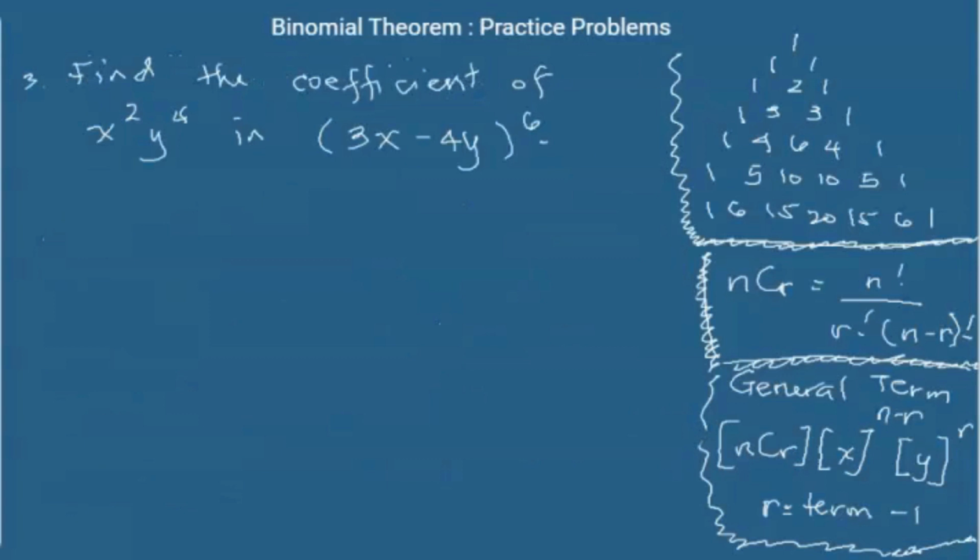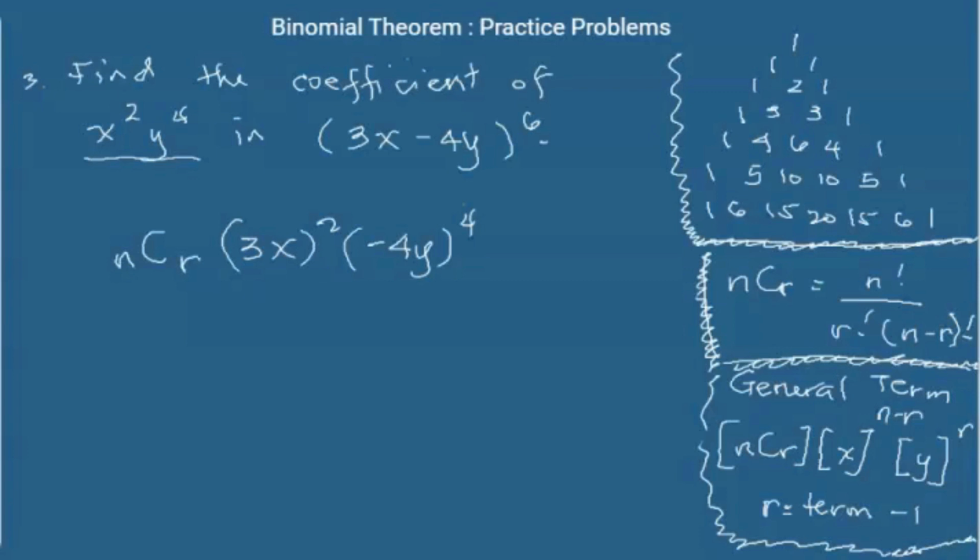Okay, let's have a similar problem, number 2, with just finding the coefficient of x squared y to the 4th in the expansion of (3x minus 4y) to the 6th power. So we have this x squared y to the 4th. So 3x squared and minus 4y to the 4th. Again, from the general term, n taken r at a time.